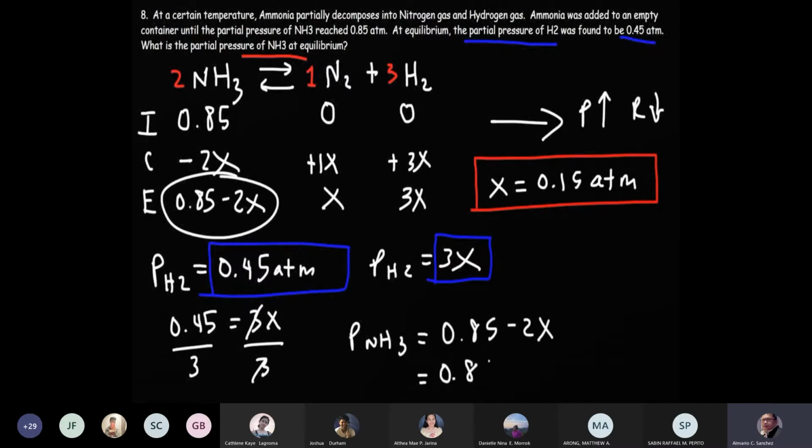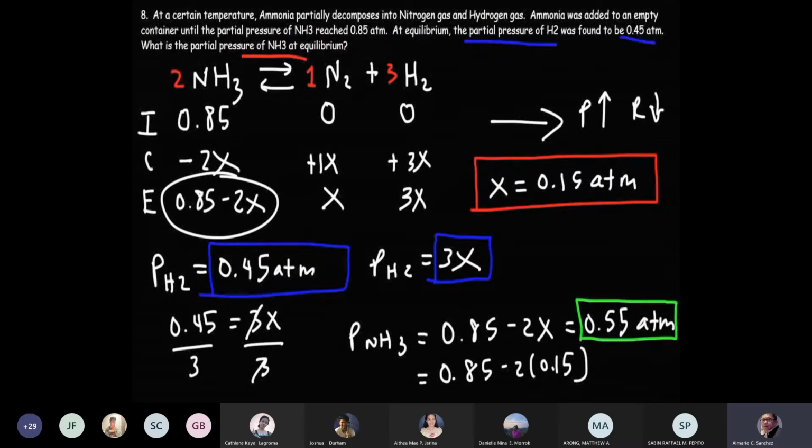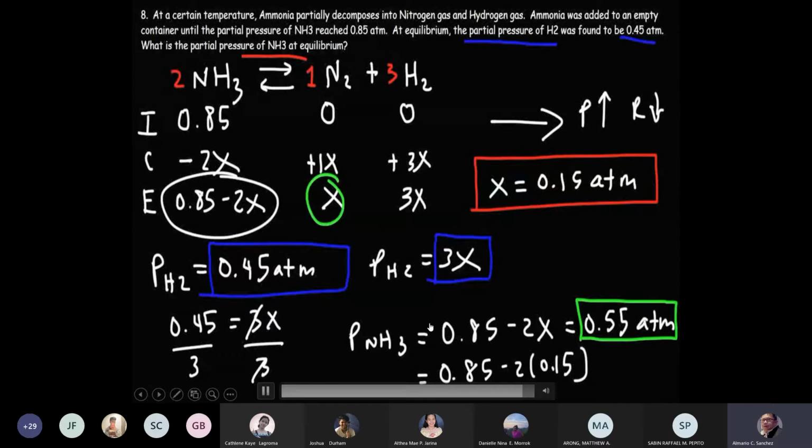So let's replace x with 0.15. 0.85 minus 2 times 0.15, that's 0.55. My handwriting is terrible today. So this is the final answer for this problem. That's the partial pressure of NH3 at equilibrium. If we want to find the equilibrium partial pressure of N2, it's simply x, which is 0.15.